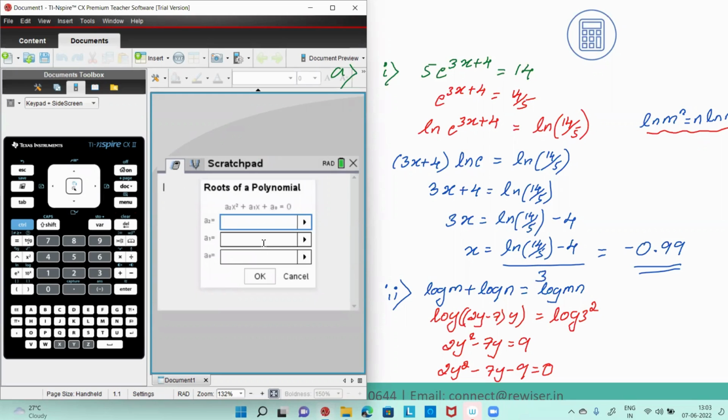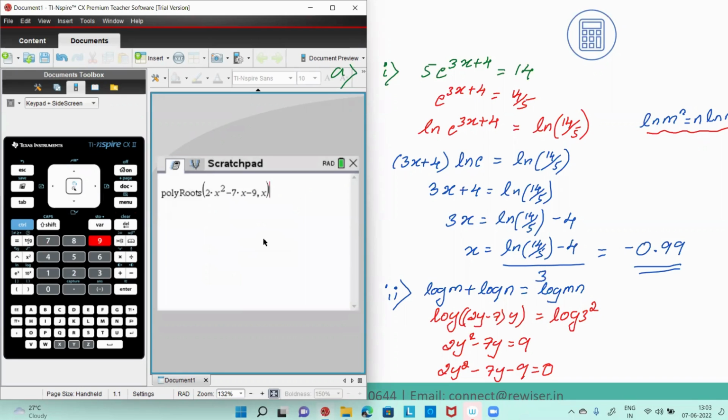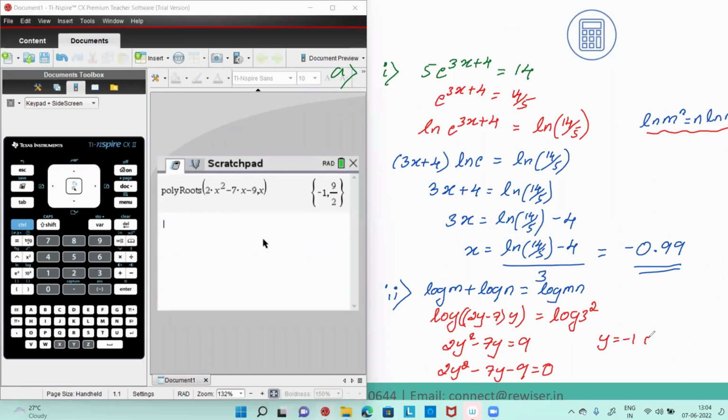The degree is 2, and the coefficient of y squared is 2, then minus 7, then minus 9. The two possible values we get are either y as negative 1, or y as 9 over 2. And 9 over 2 is nothing but 4.5.